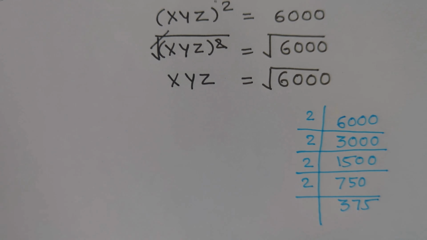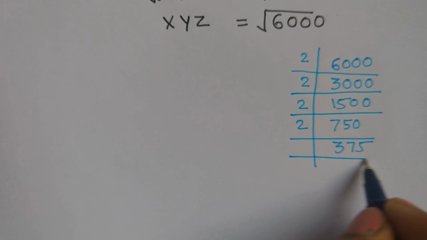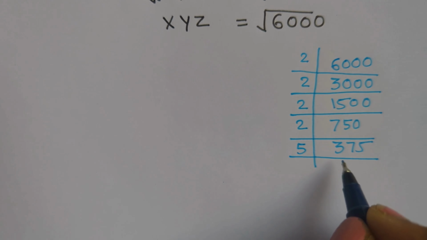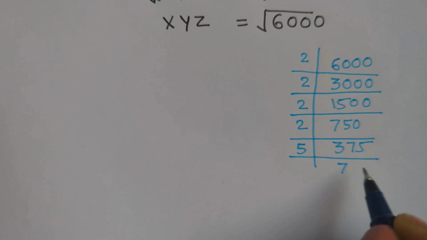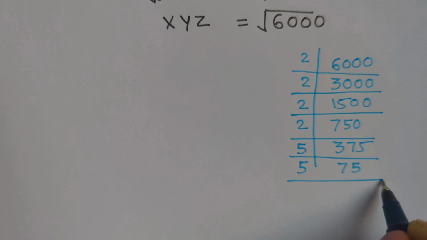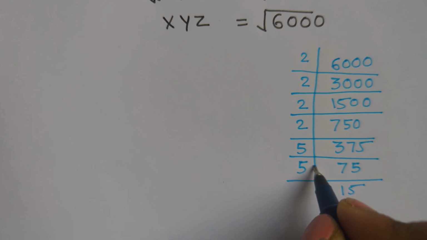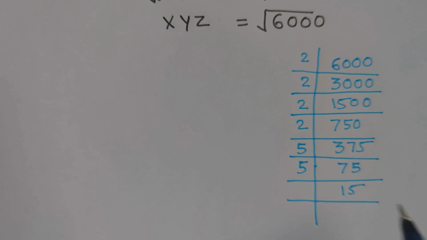375. Now let's divide it further with 5, so it would be 75. Once again with 5, it would be 5 ones are 5 and 5 fives are 25. And one last time with 5, it would give us remaining 3.